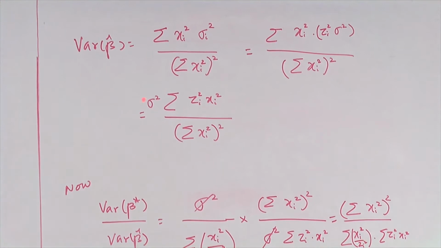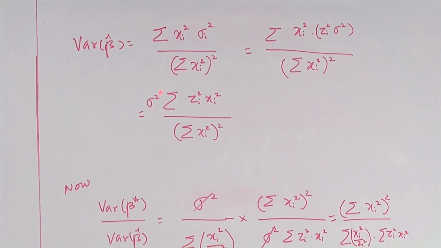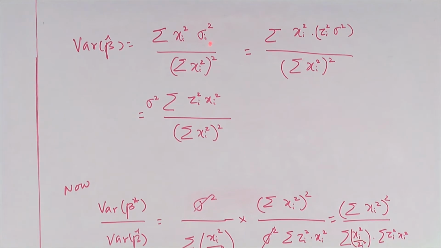In the presence of the heteroscedasticity problem, we can derive that variance of beta hat is equal to sigma xi square sigma i square divided by sigma xi square the whole square.